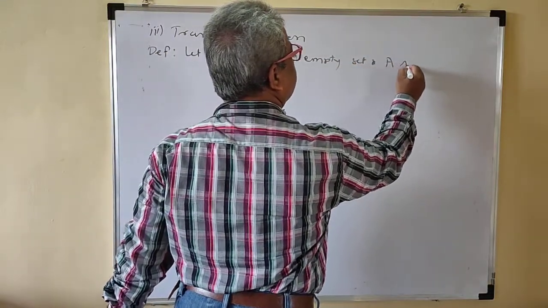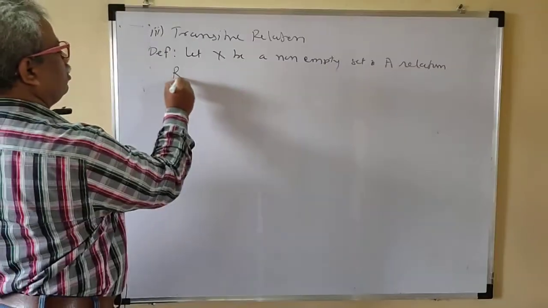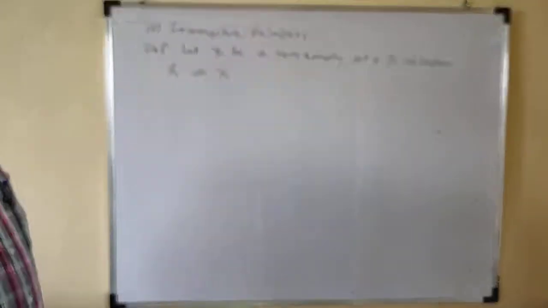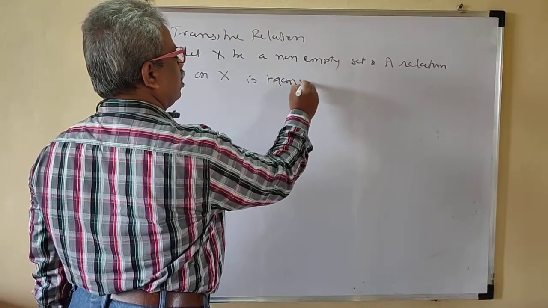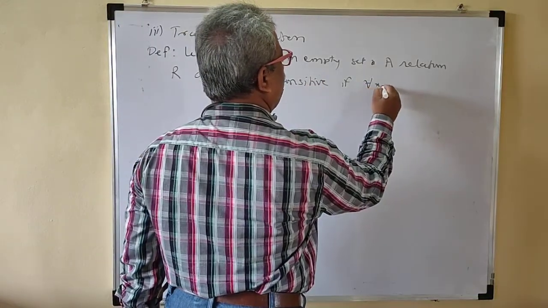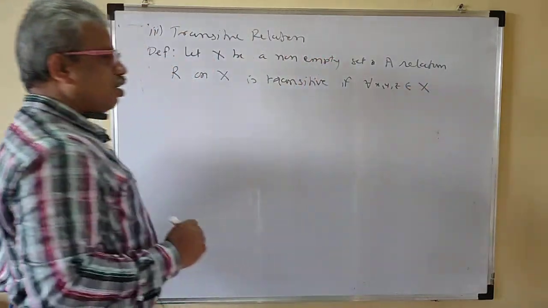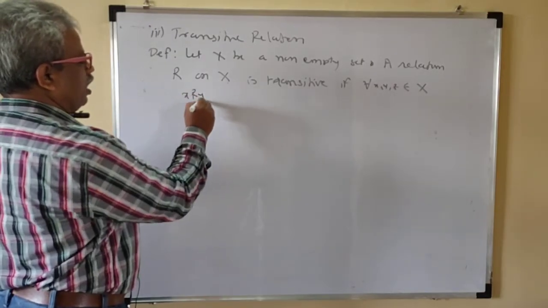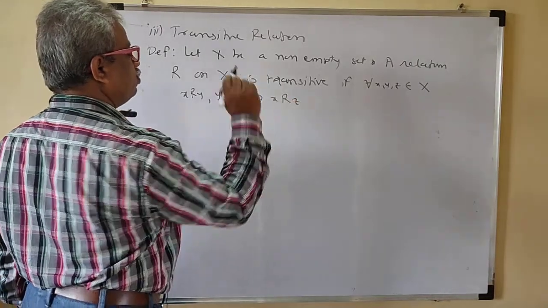A relation R on X, instead of R from X to X we write R on X, is transitive if for all x, y, z belonging to X, there are 3 elements, x is related to y and y is related to z implies that x is related to z.